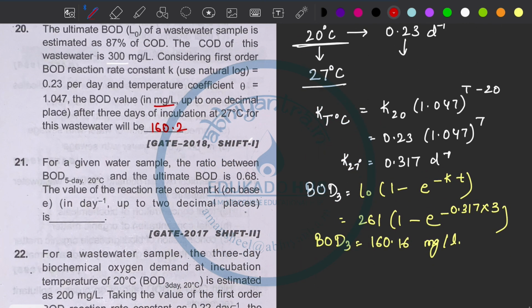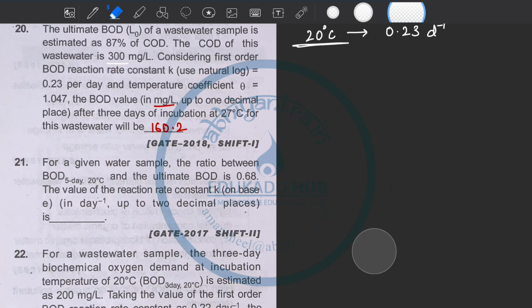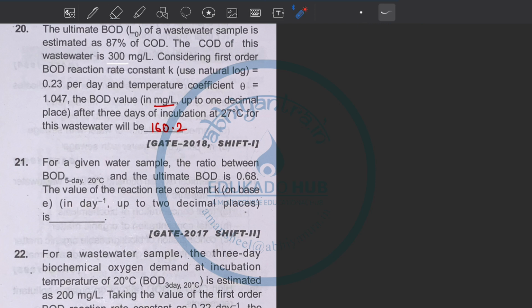Next, let's clear the board before doing the next question. For the given water sample, the ratio between BOD 5 days and the ultimate BOD is this much. We need to calculate the value of the reaction rate constant. This is easy.